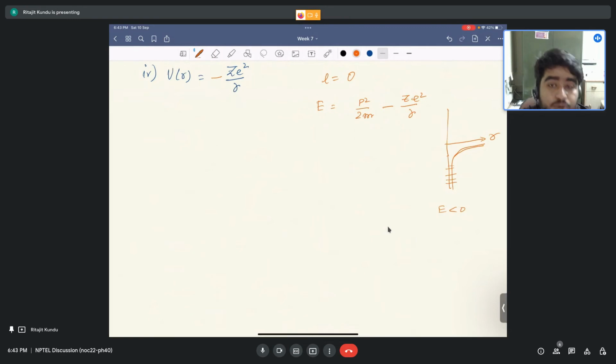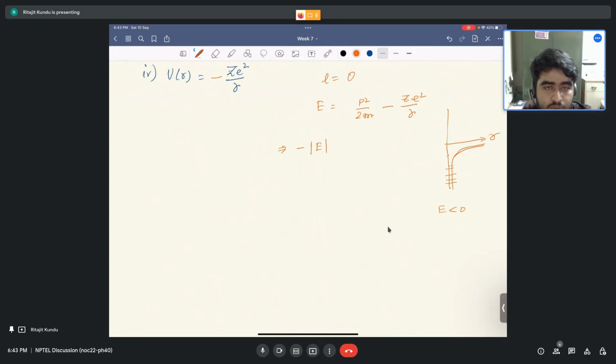As we said before, this formulation is valid only for bound states. So let's say that we are in a bound state, so E is negative. I can write this as minus mod E, to precisely tell that this is a negative energy, a bound state.